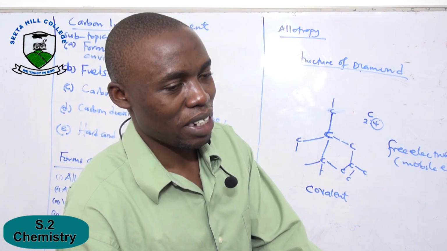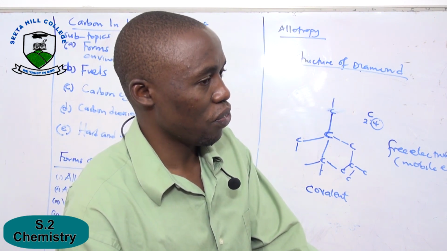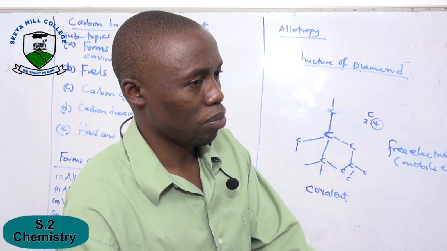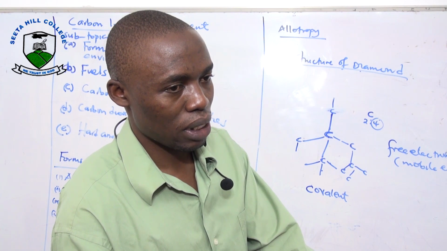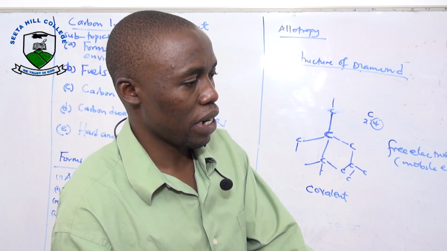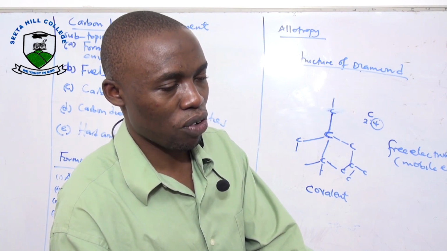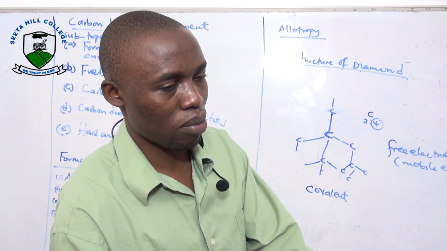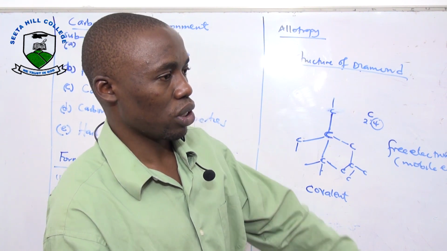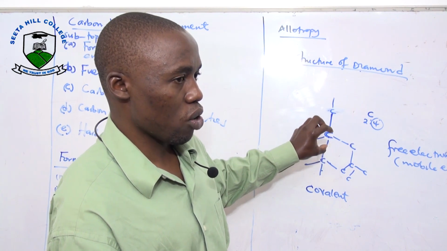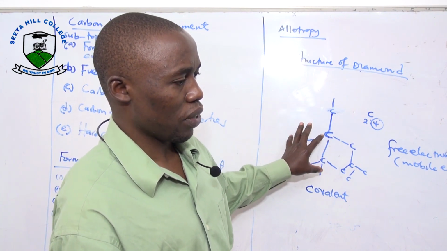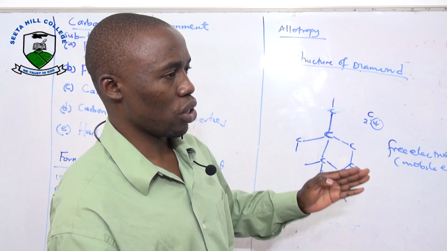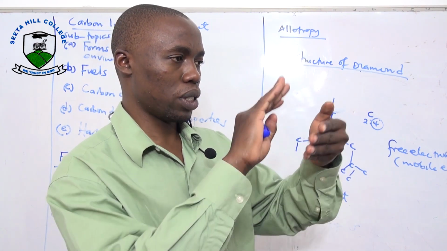Now what makes diamond very hard is those special bonds called covalent bonds, those linkages that are very hard to break. That's why it can break a metal, but the metal can't break it, because it has those ordered, arranged, very many bonds. By 3-dimensional, we mean a solid that has been developed.